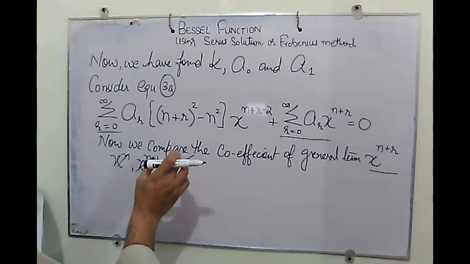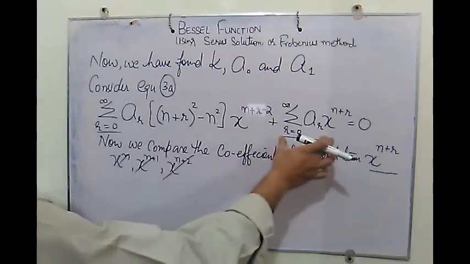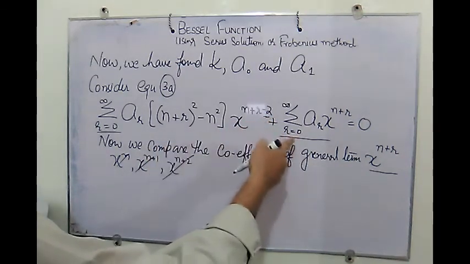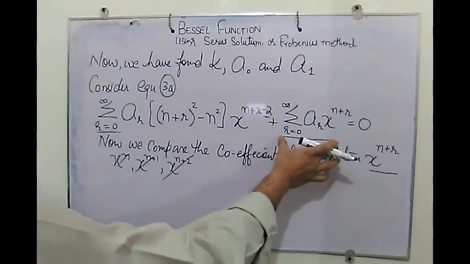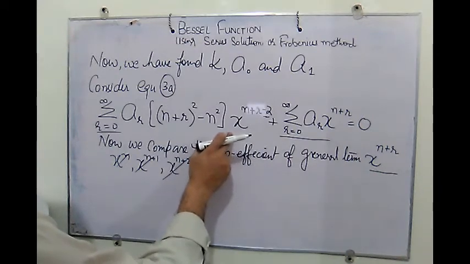So in equation 3a, this term is basically backward by 2 steps. So if we add 2 to this one, then 2 terms before we will get this term.